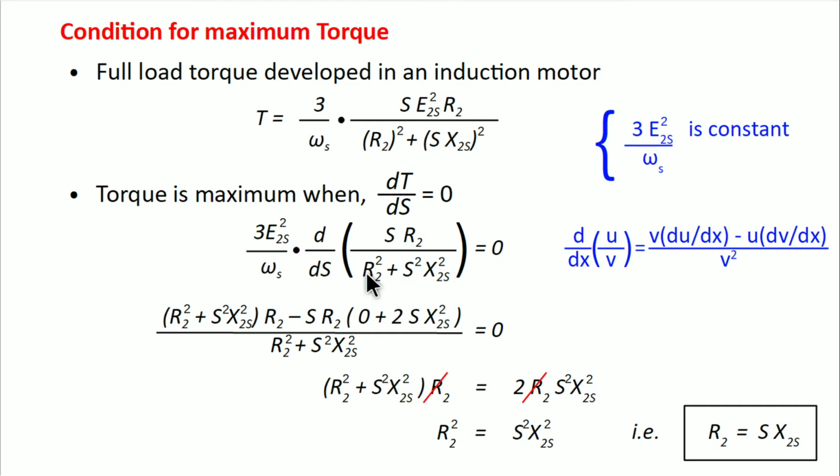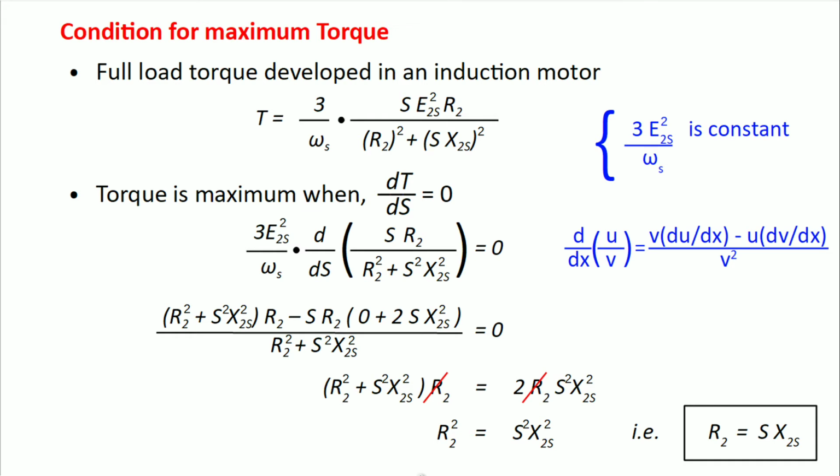Now the derivative of R2 is a constant term, the derivative of a constant is 0, and d by ds of S square is 2S, so it becomes 2S X2S square, divided by the square of the denominator.